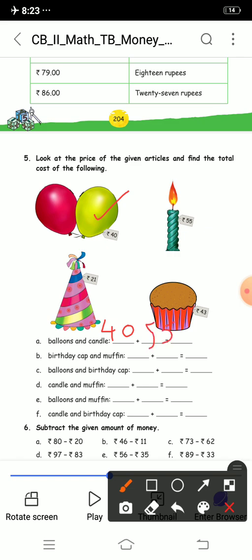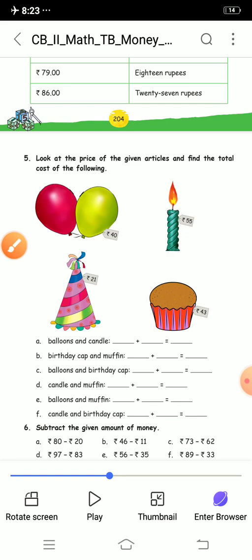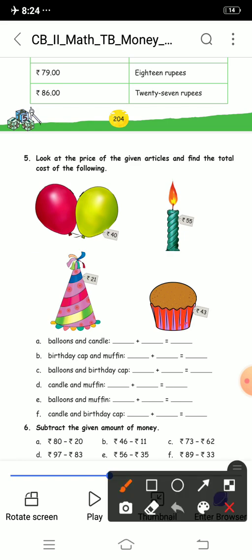Okay. So now 40 plus 55 equals to, 0 plus 5 is 5, 5 plus 4 is 9, equals to 95. And don't forget to write rupees here. Okay, I have not written it, you have to write it here. So the answer will be rupees 95.